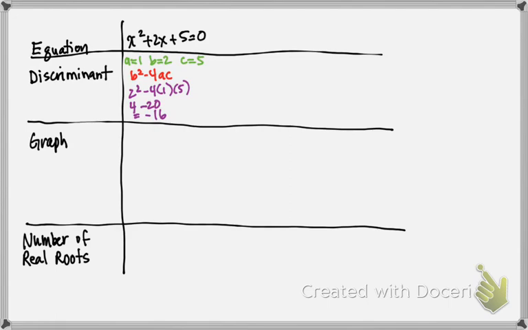And when I graph this guy, let's see, we're going to have an axis of symmetry is negative b over 2a. So that's going to give me negative 2, so it's going to give me a negative 1. And so this is going to be my axis of symmetry.